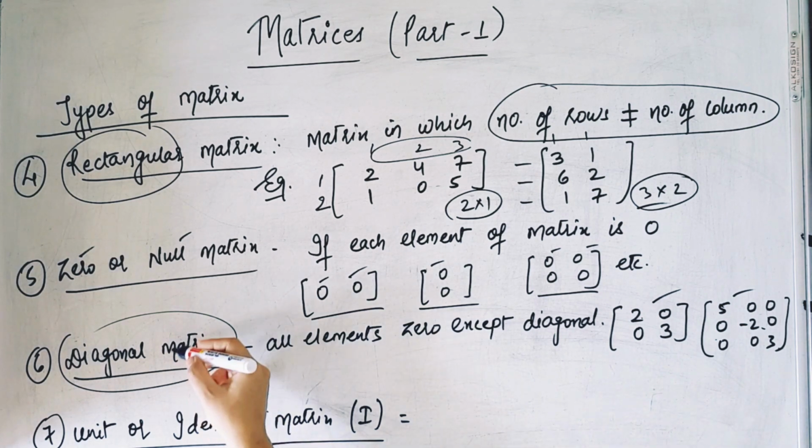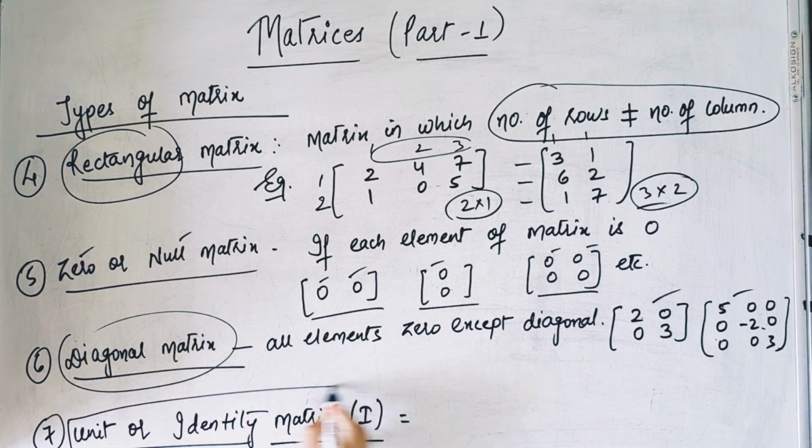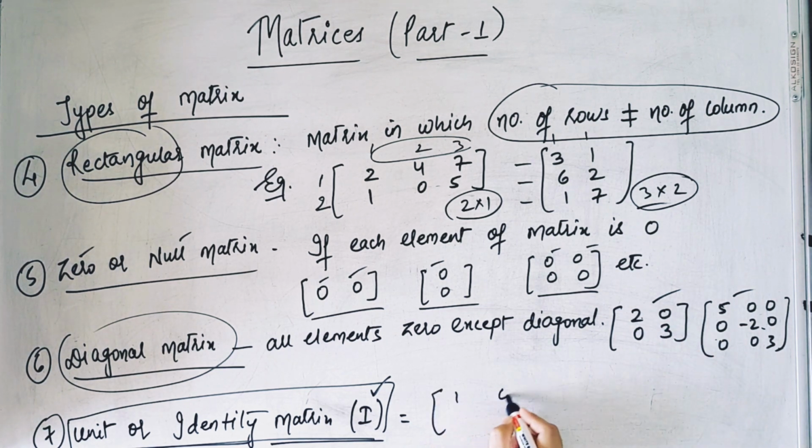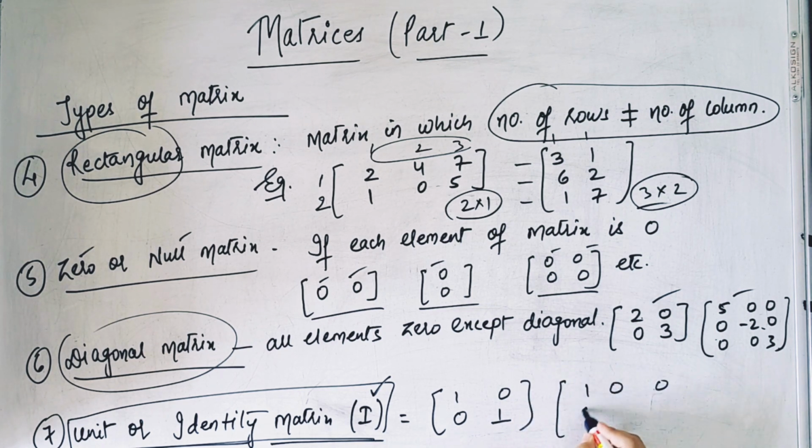Now see, a type of diagonal matrix is the unit or we can say identity matrix, which is represented by I. If in a diagonal matrix these values are replaced by 1, like I have written 1 0 0, 0 1 0, 0 0 1, this will be the unit or identity matrix, and this matrix is represented by I.